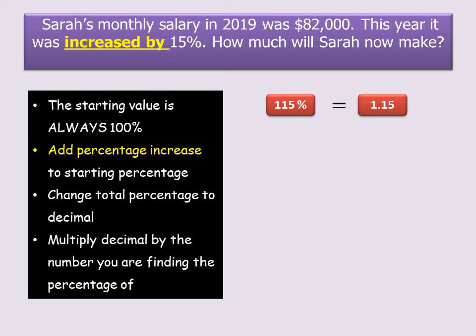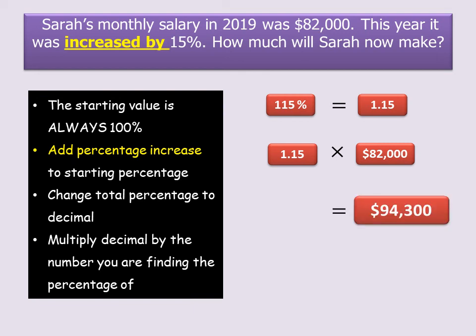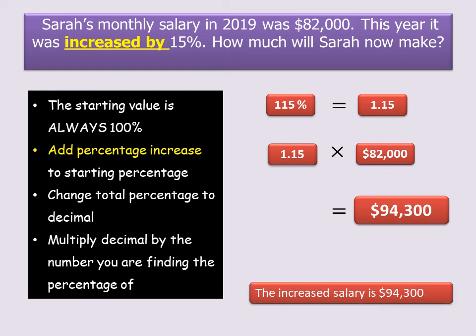And now we're going to just multiply that decimal by the amount that we are increasing. So we're increasing $82,000. Awesome. So that will result in 94,300. So that means that the new salary is $94,300.